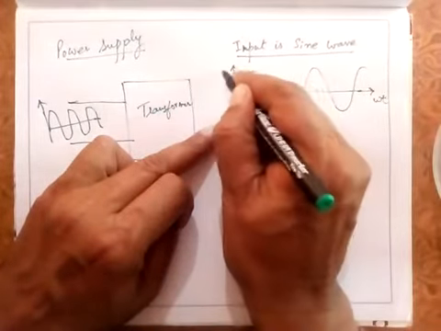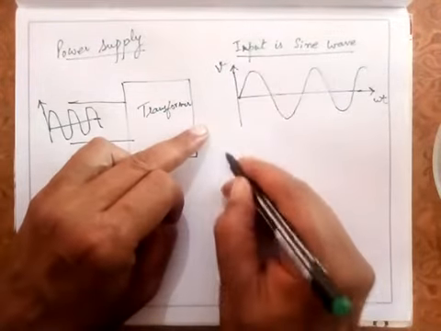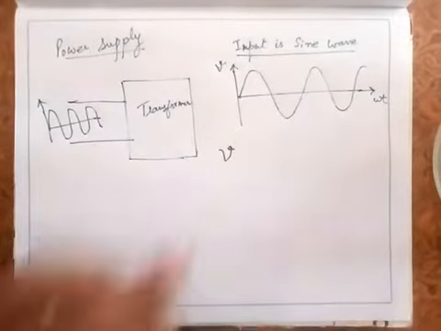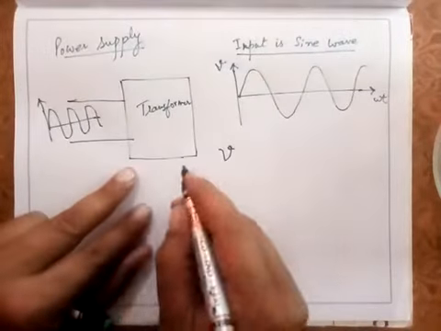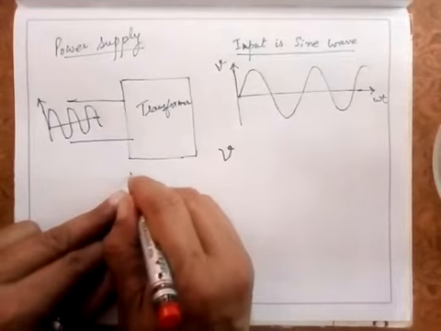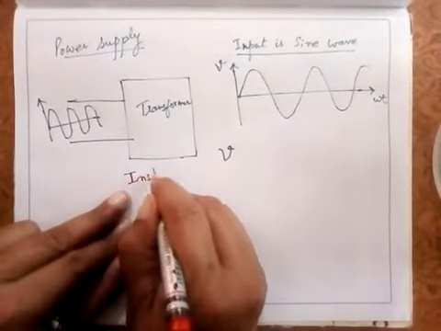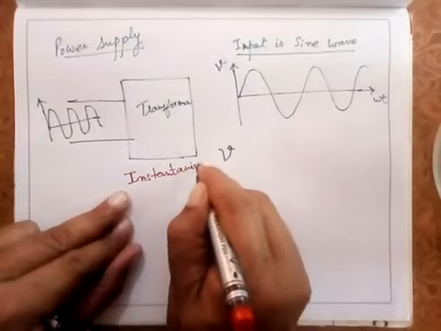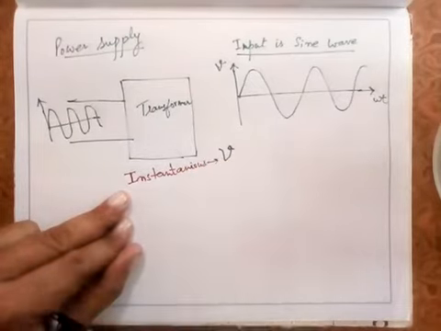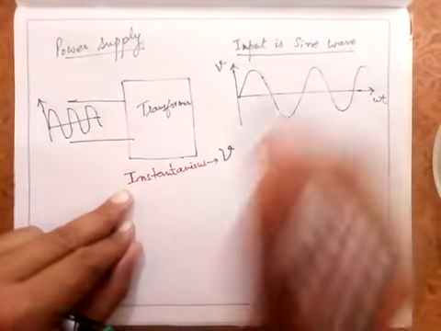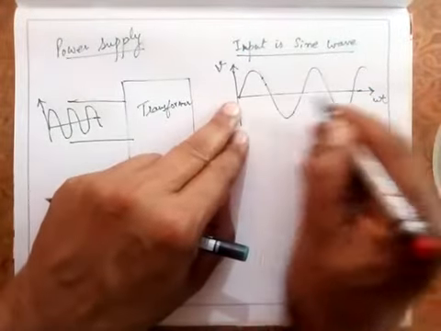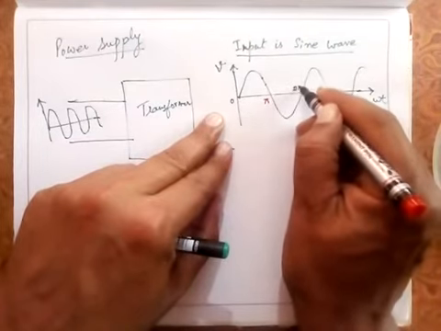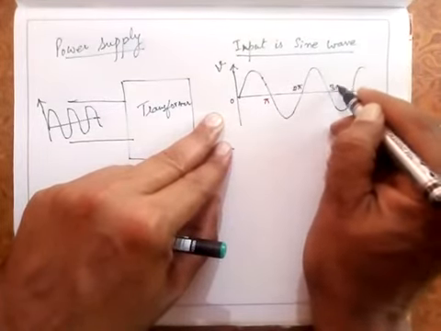Suppose this is the voltage V, and the instantaneous voltage V at any instant is called the instantaneous value. Suppose this is omega t equal to 0, this is pi, this is 2 pi, 3 pi.